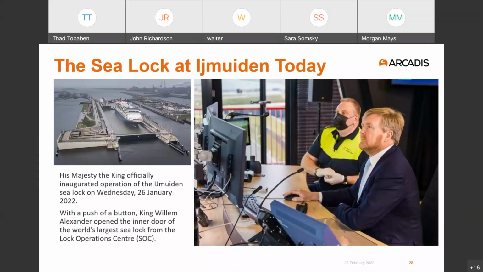With a push of a button, King Willem-Alexander opened the interlock door of the world's largest sea lock from the Lock Operations Center. The picture at the upper left is the sea lock fully constructed with the doorways in the closed position, and in the larger image to the right, we see King Willem-Alexander announcing the opening of the lock and it's successfully opening.